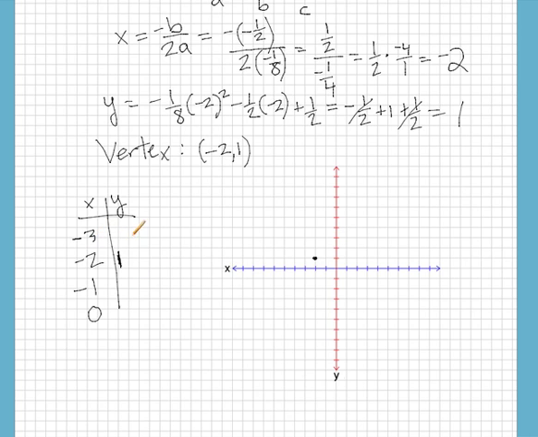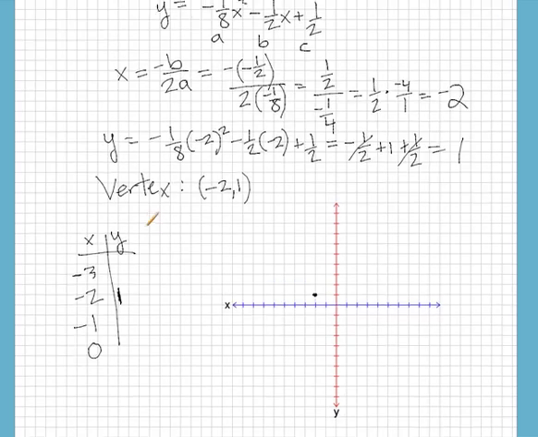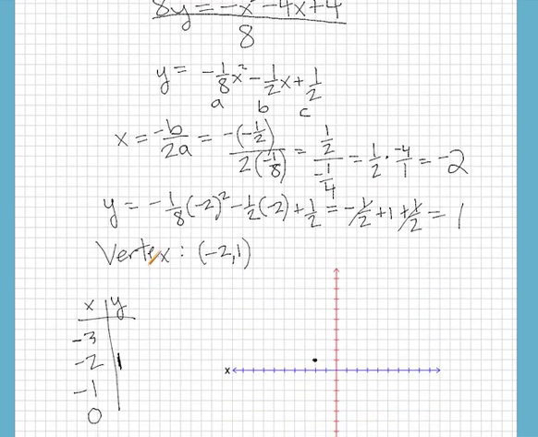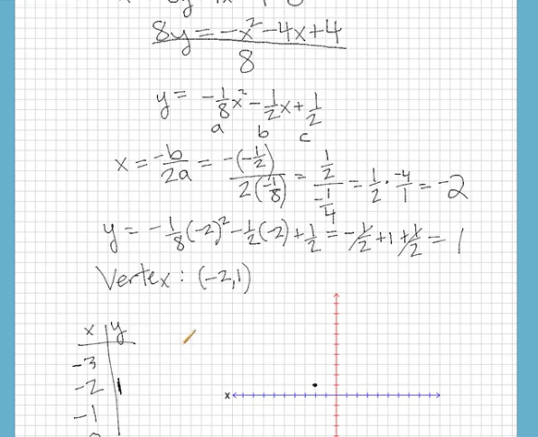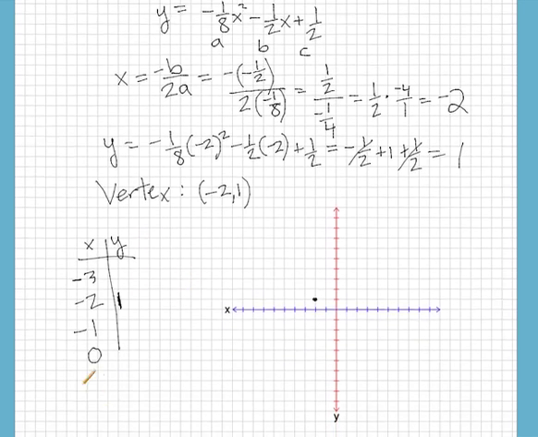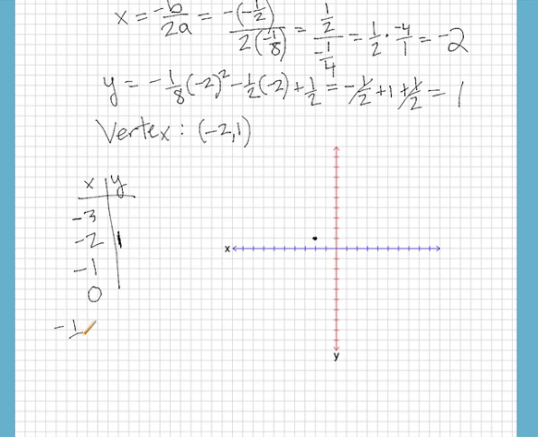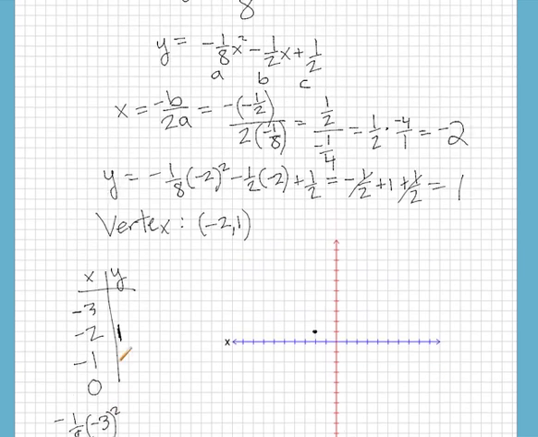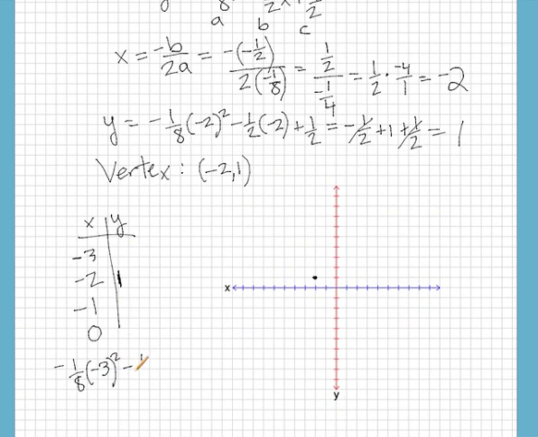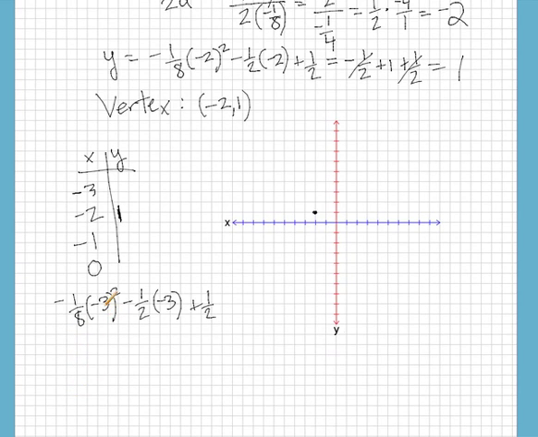So you plug in negative 3 into the original function, you will get, let's see here, I'm going to rewrite negative 1/8 x squared. So if we plug in negative 3, you'll get negative 3 squared here, and then negative 1/2 times negative 3 plus 1/2. Okay, so we basically have negative 9/8 plus 3/2 plus 1/2.